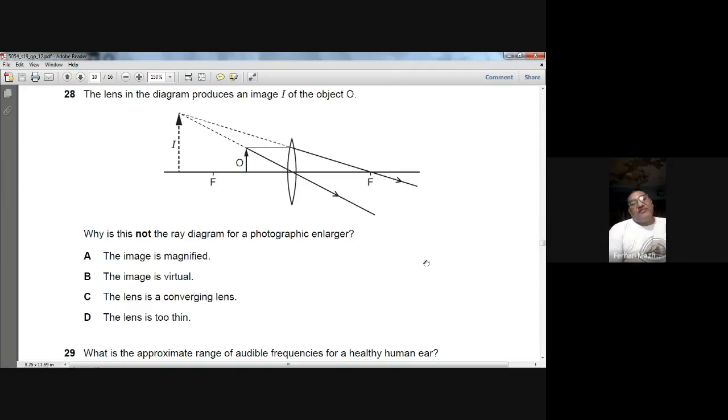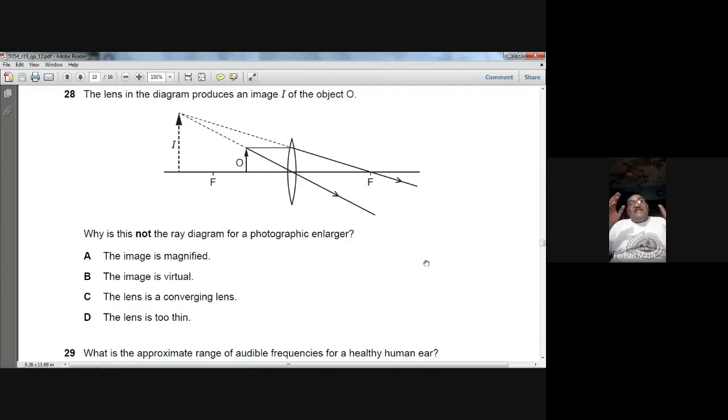This diagram is making a virtual image. It's a magnifying glass. It is making a magnified image, but it's a virtual image. In a photo enlarger, the image is magnified, but it is real. It can be captured on a screen.